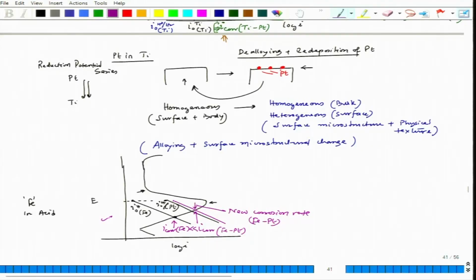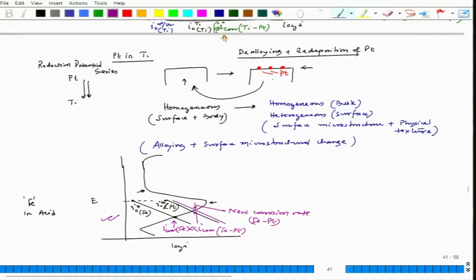First we have to have a proper idea of its polarization behavior in that particular solution. If such a situation arises, we must not do any noble metal alloying. There also the same principle would work: initially it will be homogeneous, and then dealloying and redeposition of platinum, because of the higher reduction potential of the platinum ion compared to the iron ion.